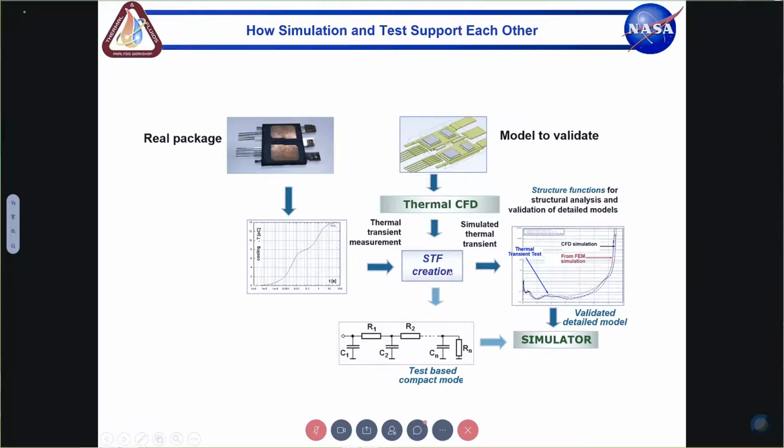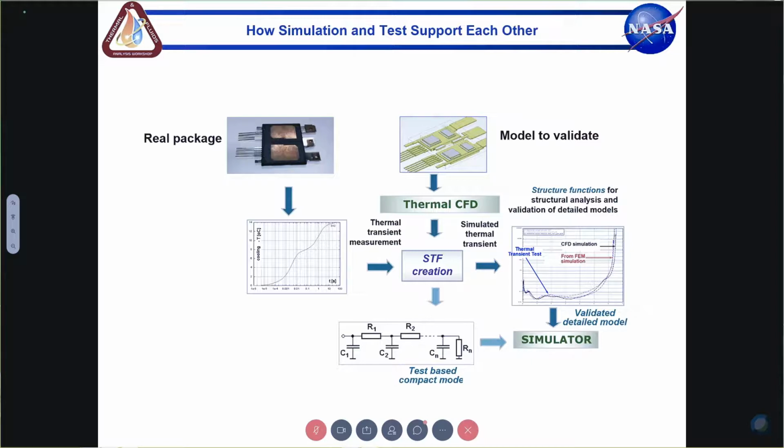If, like mostly in this case, or in case of a digital IC, the heat spreading is more 2 or 3 dimensional, then you can still make a measurement, create a structure function, store it, and you can actually recreate the physical conditions in your CFD space. And you can analytically create a structure function based on the CFD simulation as well.